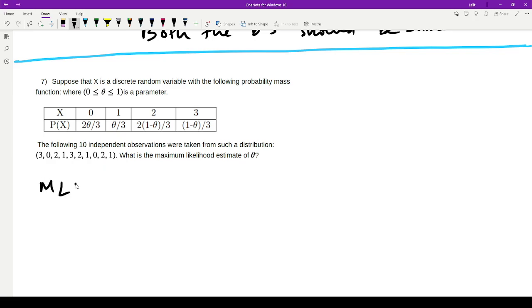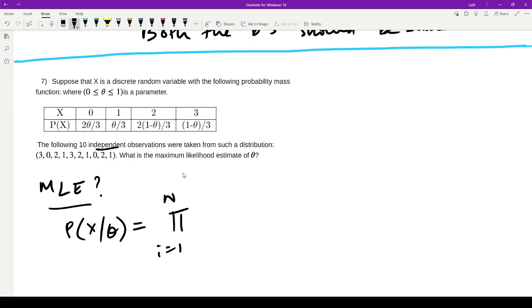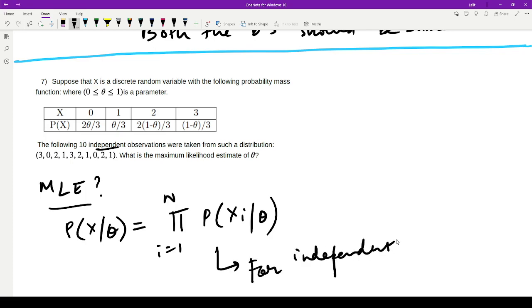How do you write the maximum likelihood estimate? The probability of x given theta is, so they are independent observations, and of course they are coming from the same distribution. So we can write it like this. This is for independent observations and identical distributions.